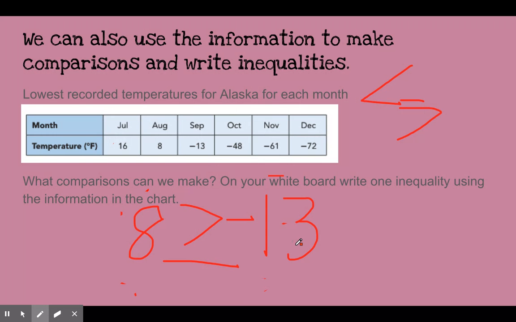Now, don't be tricked that 13 on its own is a bigger number than 8, because this is negative 13. And on my number line, here's 0. Negative 13's way out here, and 8's over here. And remember, the further to the left I go, the smaller the value of the number is.